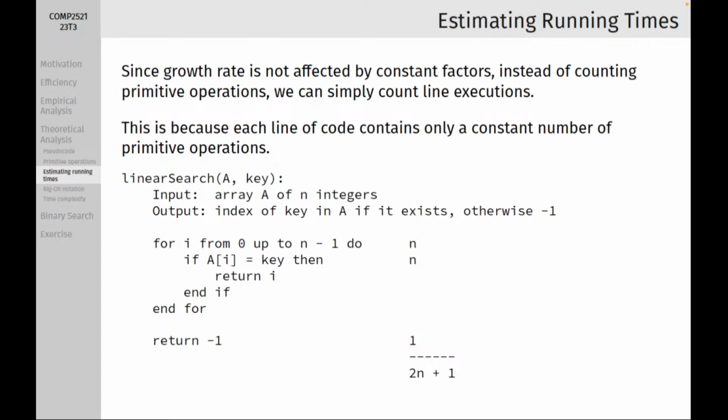So instead of counting primitive operations, which can be finicky, because remember when we counted them, I had to imagine what the for loop looked like if we implemented it in C, we can just count the number of line executions, and that's a lot easier to do.